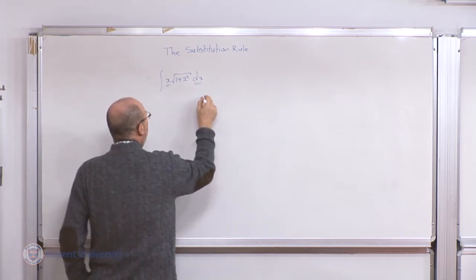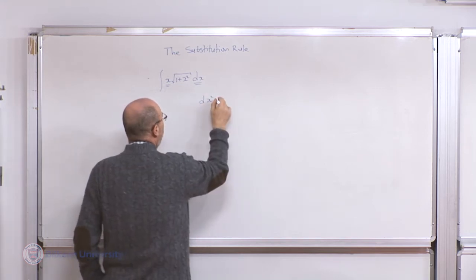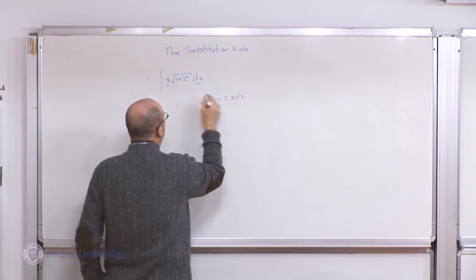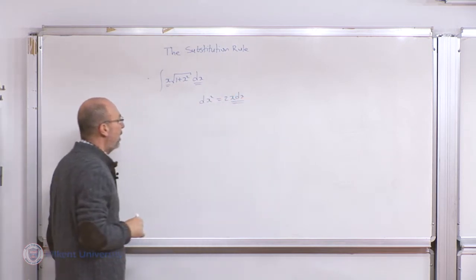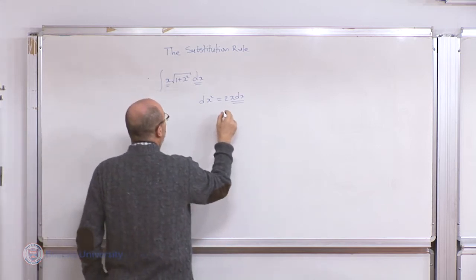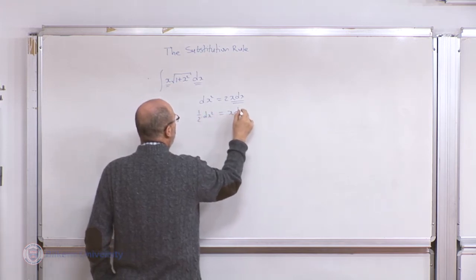So for example, if you have d of the function x squared, this is 2x dx. And we have this x dx part here. Okay, so from here we can say that 1 over 2 dx squared is x dx.